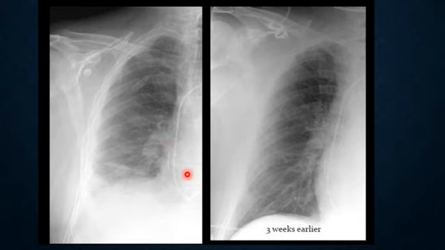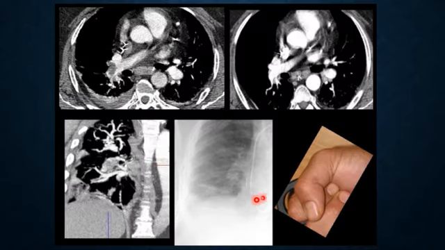Again, you can see here 3 weeks earlier it was like that, and now it is like that. It's much more prominent. Another example, this is the knuckle sign. You can see big one here, and you can see the pulmonary embolism obstructing the blood flow here.